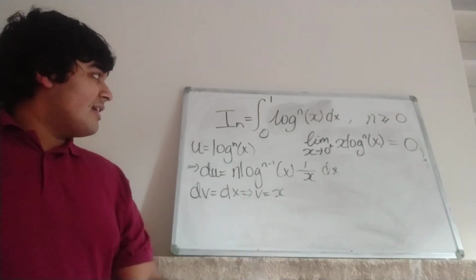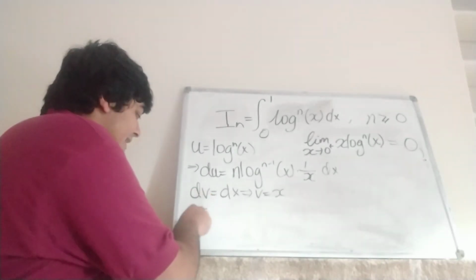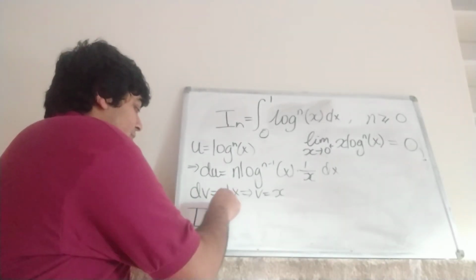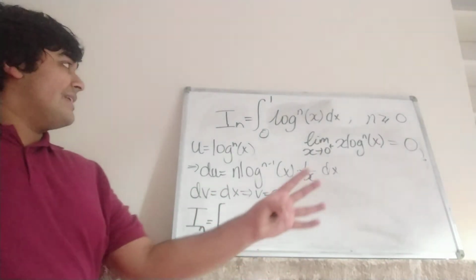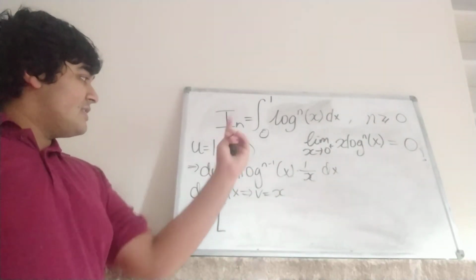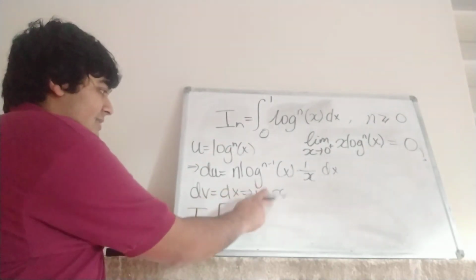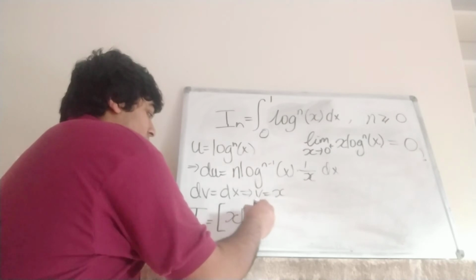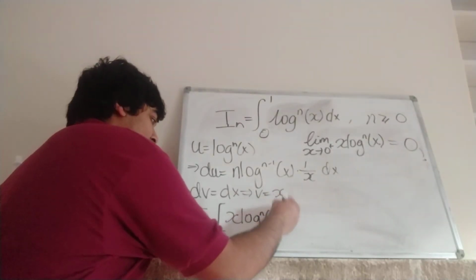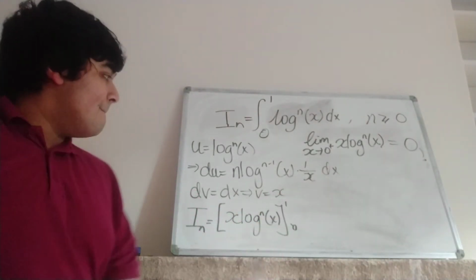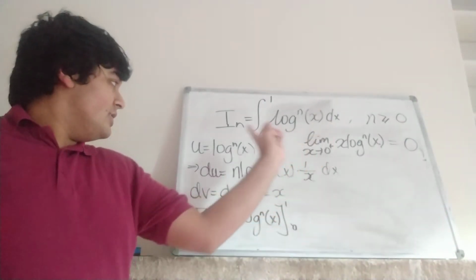So now just using our integration by parts, we get that I_n is equal to uv evaluated from 0 to 1. So uv is just this guy here times this guy here, so x (log x)^n from 0 to 1, minus the integral of v du.